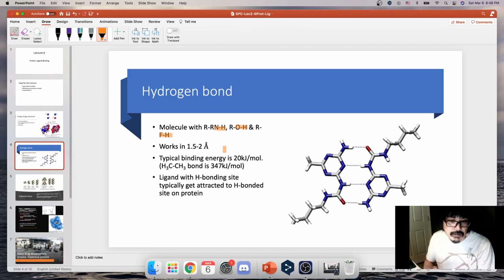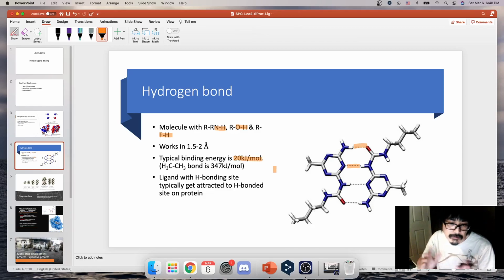And typically these hydrogen bond distances are like 1.5 to 2 angstrom, and the binding energies are 20 kilojoule per mole.